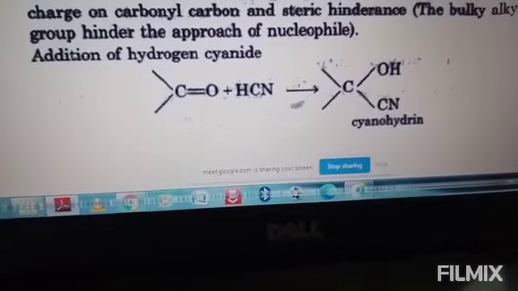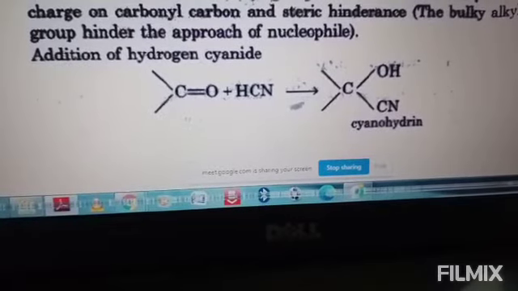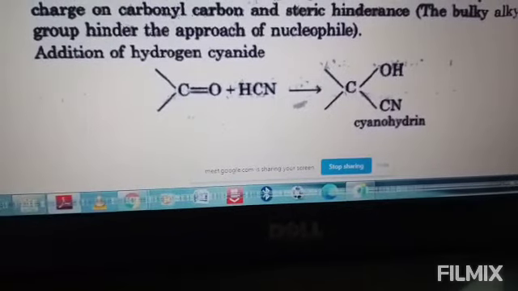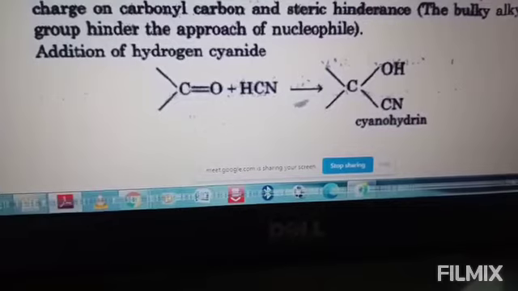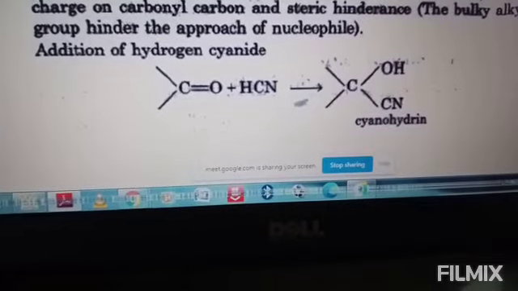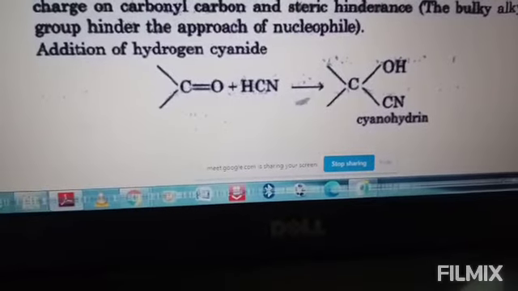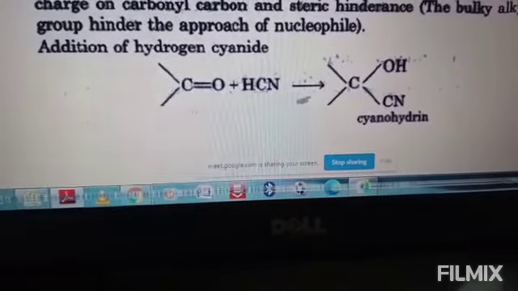In sodium bisulfite, you have sodium ion and bisulfite ion. In the bisulfite ion, oxygen is added to the carbon along with the bisulfite ion. So you will get C, O, SO2, that is nothing but SO3, and on the other side, ONa.